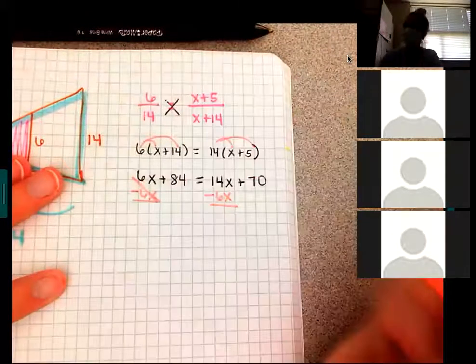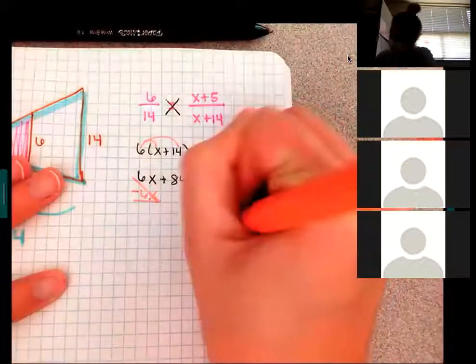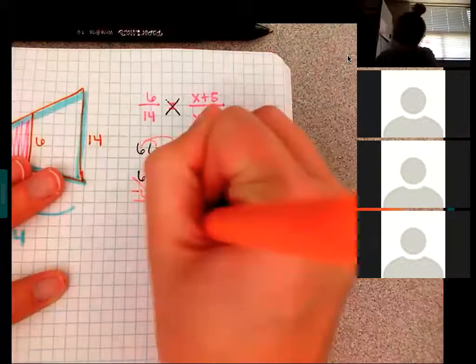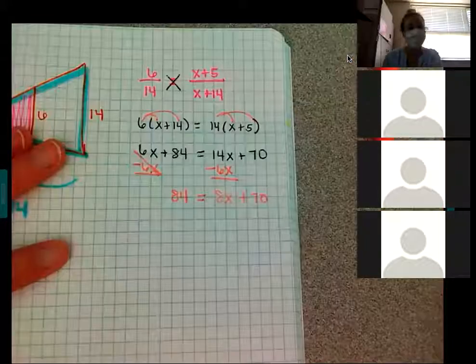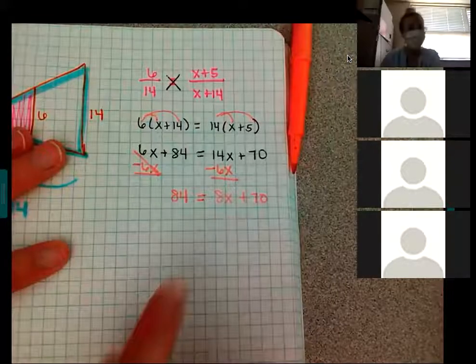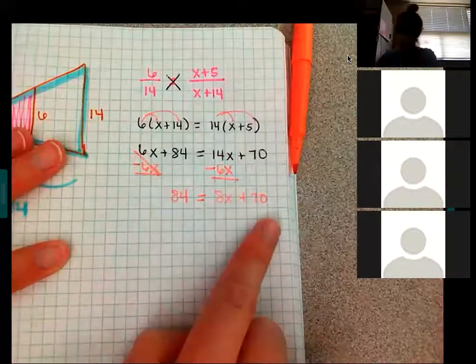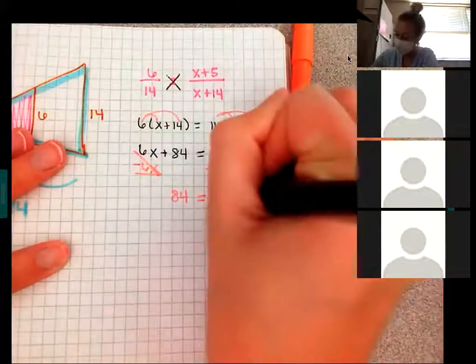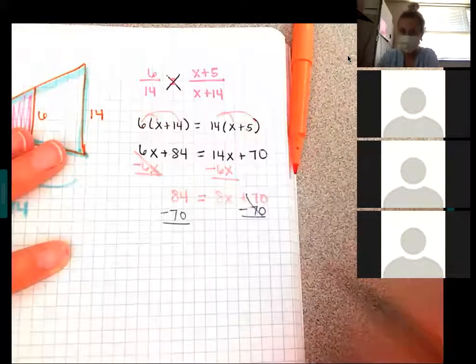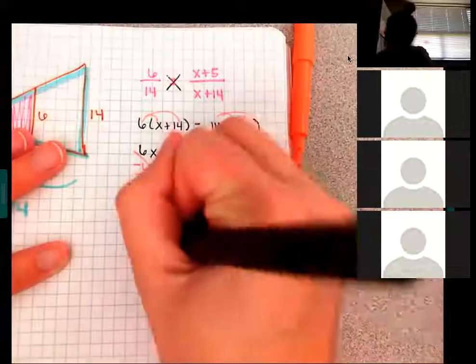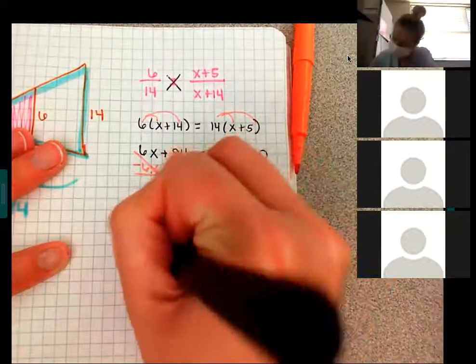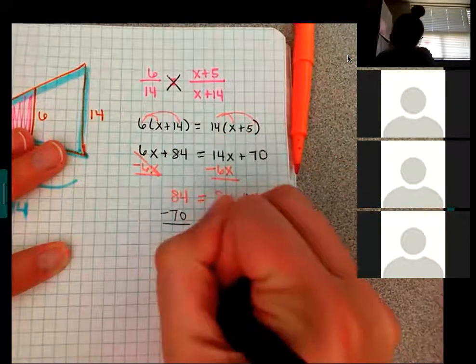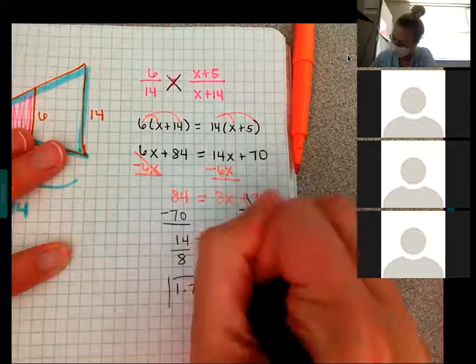So 14 minus 6 is 8x plus 70 equals 84. And then how would you get x by itself? Subtract 70. Good. Making sure we remember how to solve. So I got 14 equals 8x, and if you divide by 8, I got 1.75 for x.